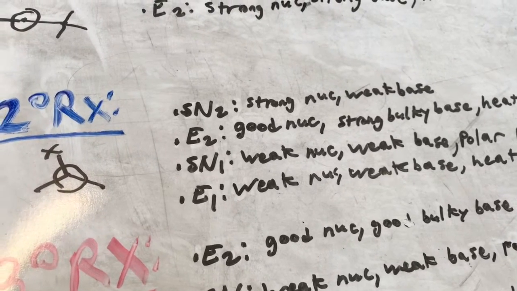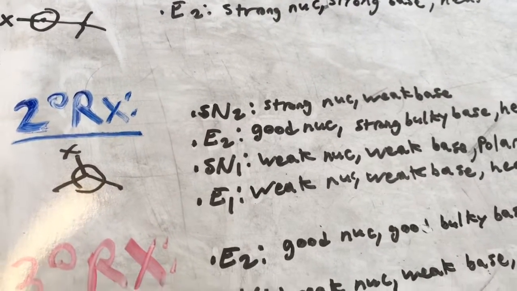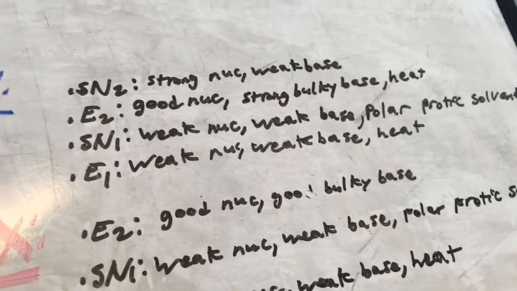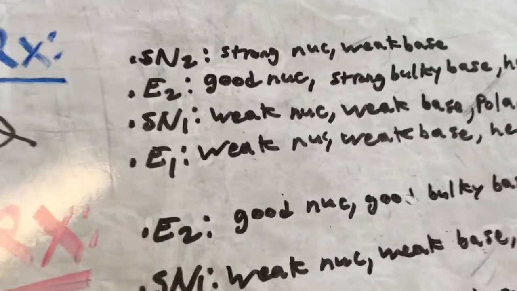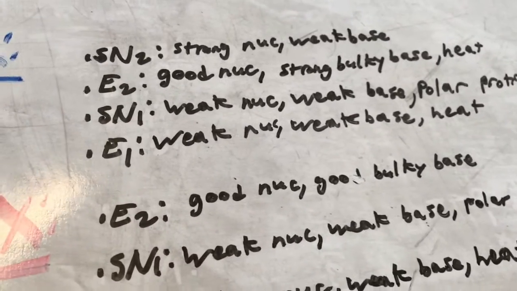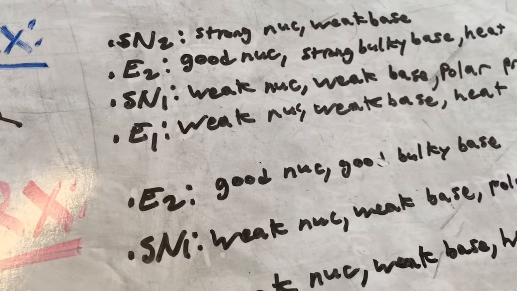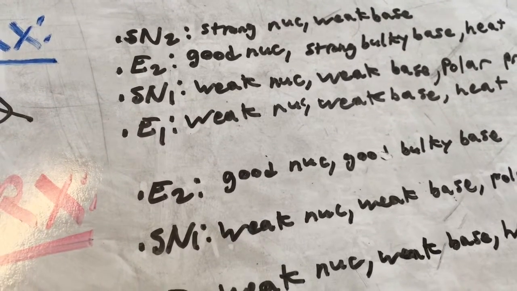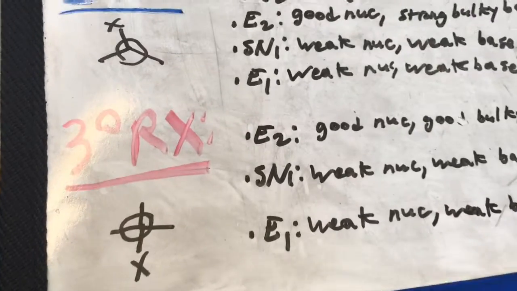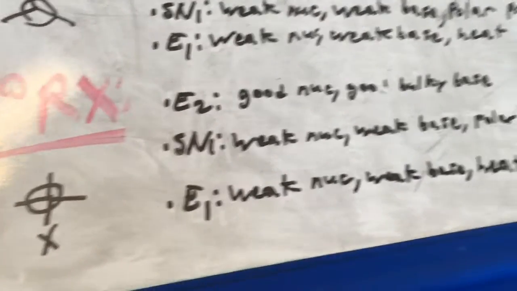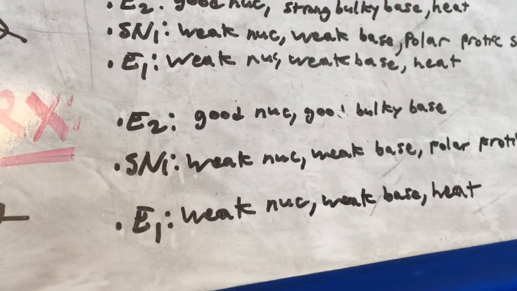E1, you have a weak nucleophile, weak base, and you add heat. So basically for the eliminations, you add heat. That's pretty much the only difference between E1 and SN1, because they have the same requirements except E1 has heat.